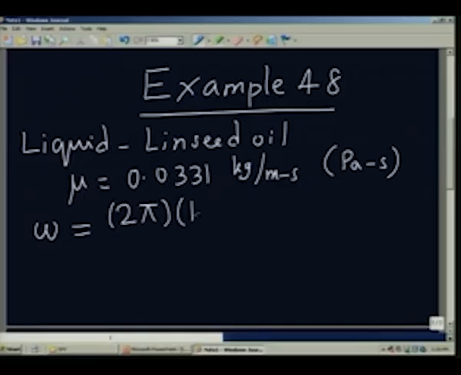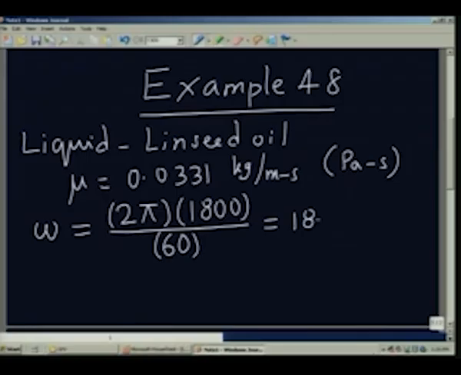I am going to multiply by the rpm, which is 1800 rpm, given in the problem, and I am going to convert the value to radians per second. Therefore, I am going to divide by 60, since there are 60 seconds in 1 minute, and this will give you the value in radians per second. This happens to be 188.5 radians per second.